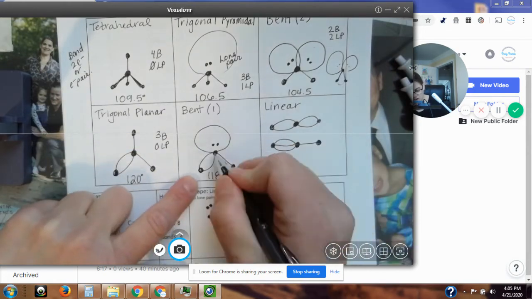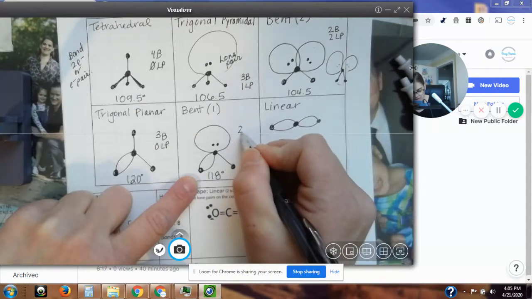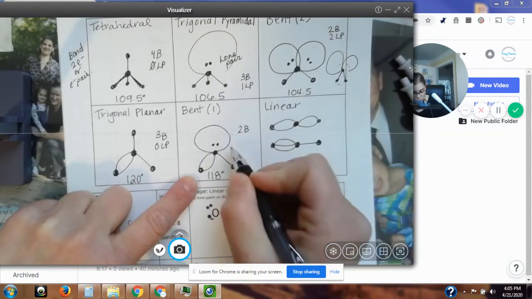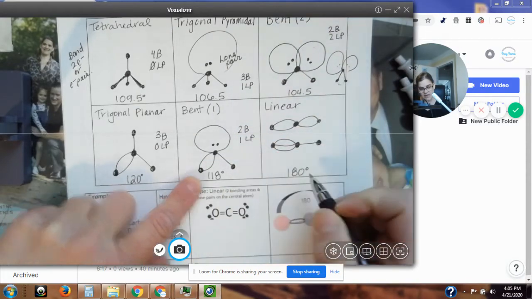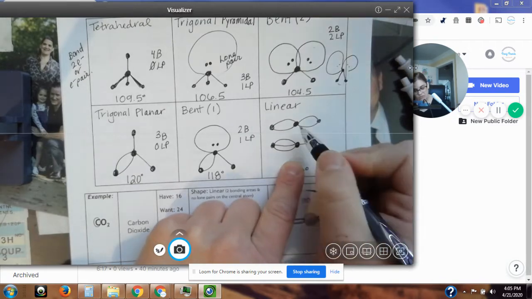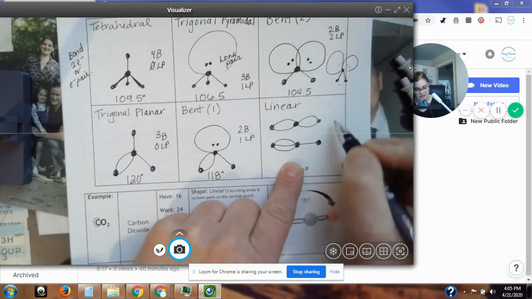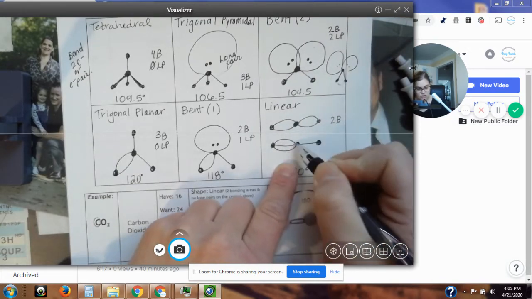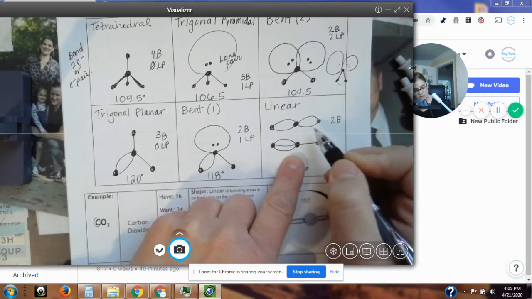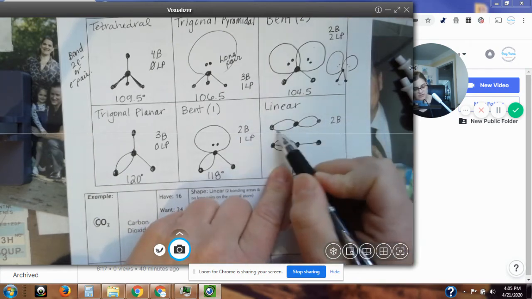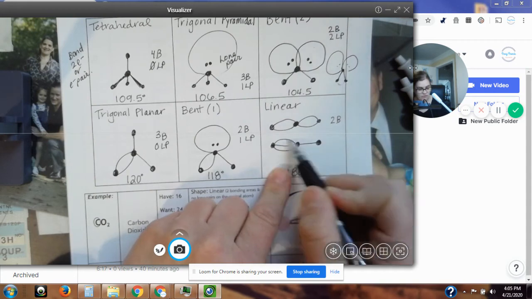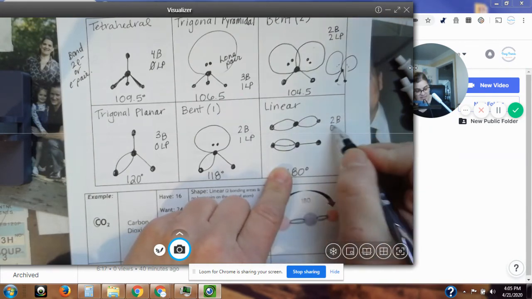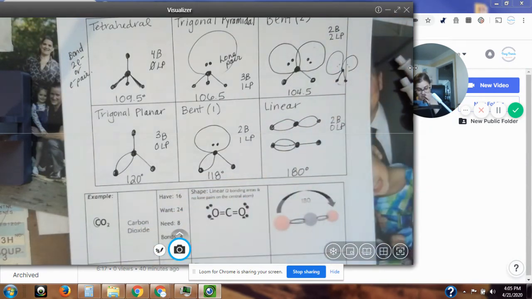So 2 bonding areas, and 1 lone pair here. And then on our linear, we have 2 bonding areas, 2 bonding areas, and 0 lone pairs because 2, 4, 6, 8, the octet is satisfied there.